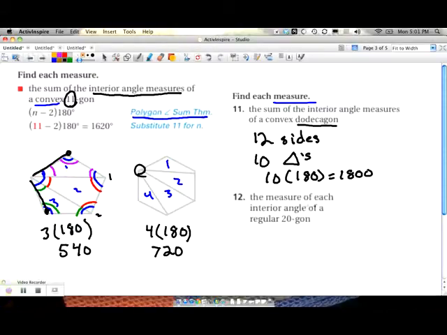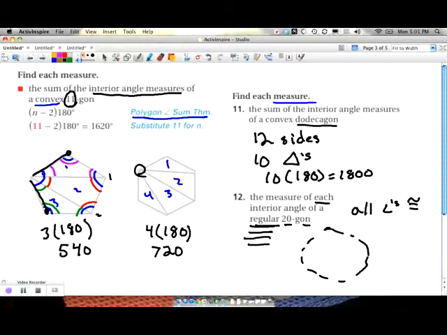The measure of each interior angle of a regular, that seems important, regular 20-gon. Well, if it's regular, that means all angles are congruent. So I got this 20-sided figure, and I want to figure out what the sum is of the interior part, but then I want to figure out each one.